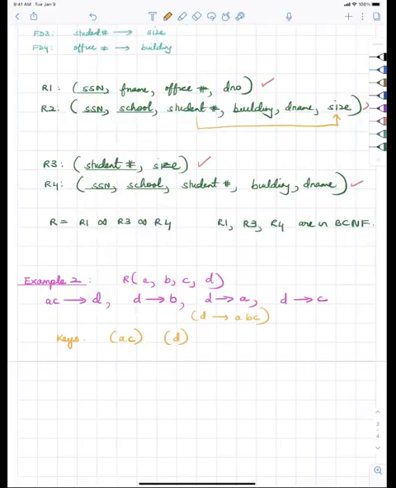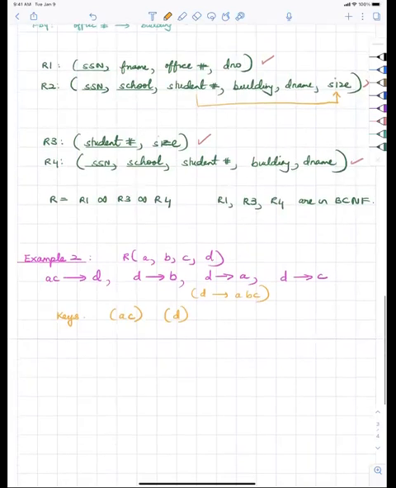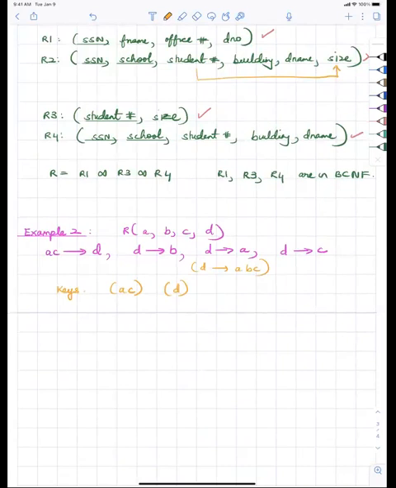I'm going to go with yes, it is. This one, I started with a simple example. It is already in Boyce-Codd, so you don't have to divide it, because AC gives BD and D goes to ABC. So they both are keys. So the left-hand side is a key in all these functional dependencies.